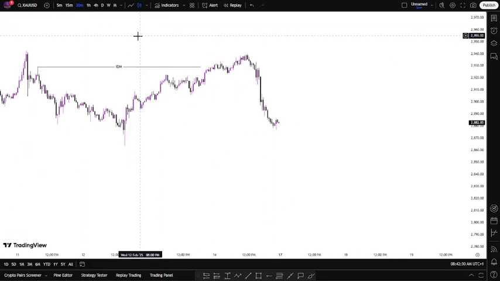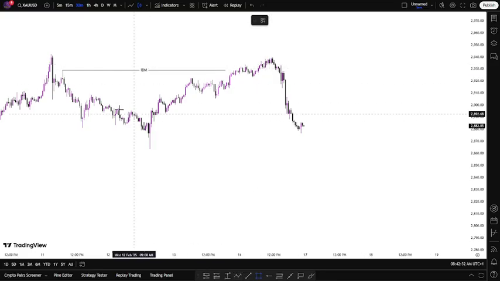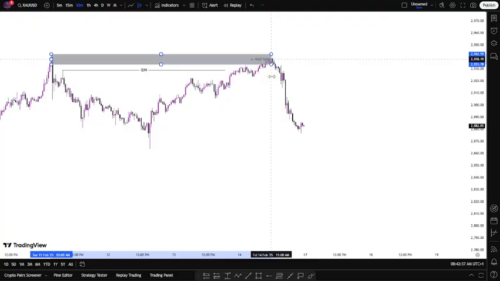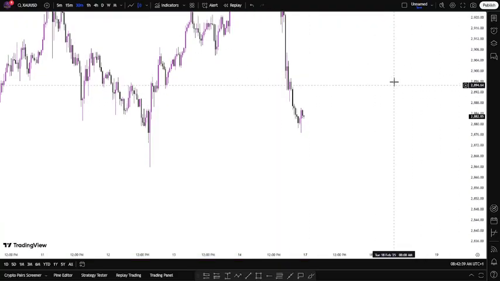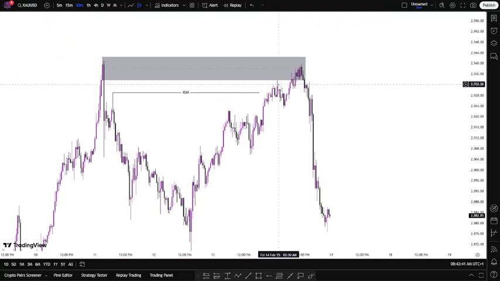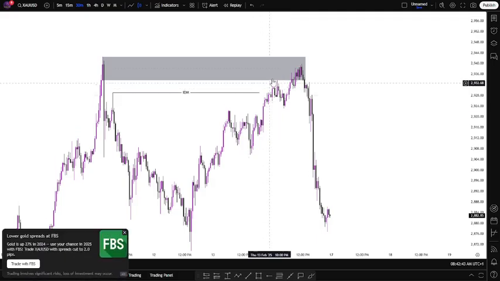So if you look at lower time frame, you see that we have a supply zone above here. Okay, so after we did this, everything here was just not very straight.